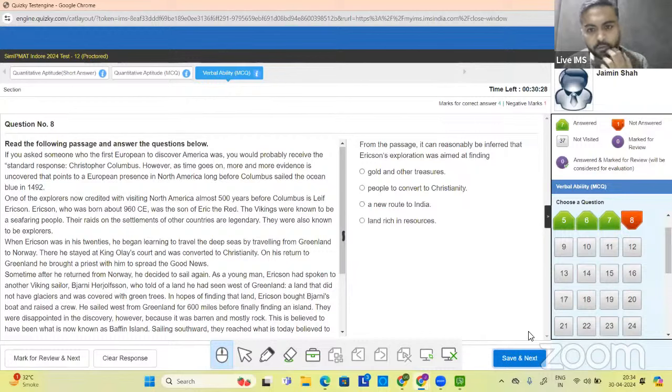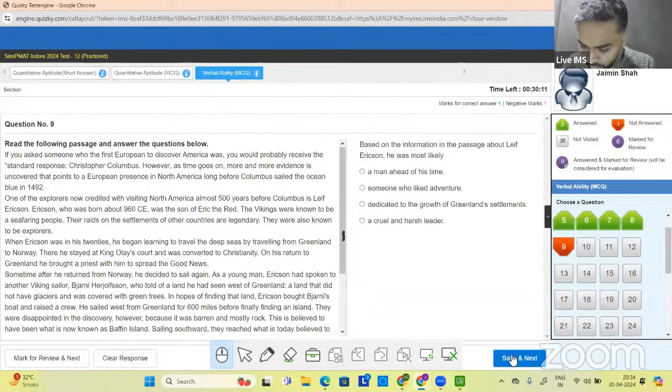From the passage, it can reasonably be inferred that Ericsson's exploration was aimed at finding gold and other treasure. Definitely not. People who convert to Christianity, no. The new route to India, that was not. The land rich in resources, absolutely yes.